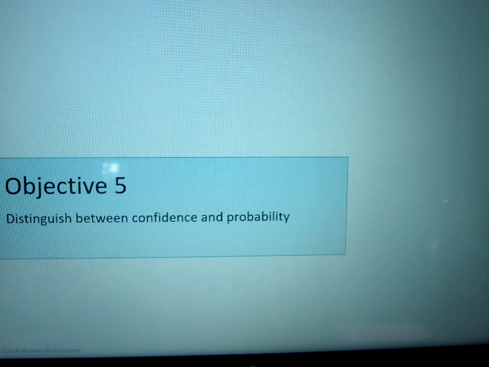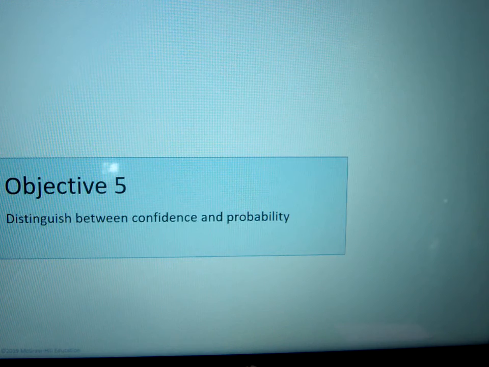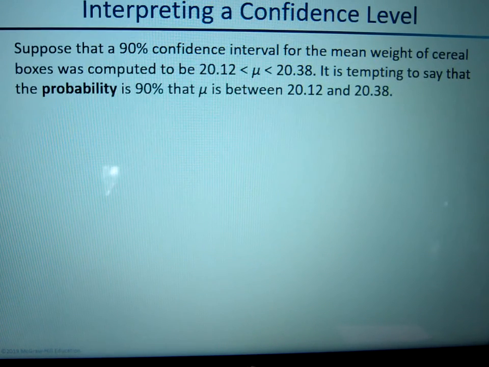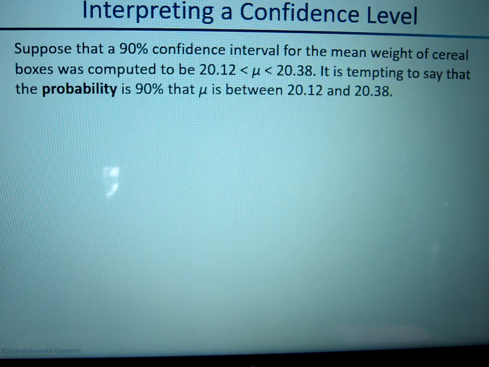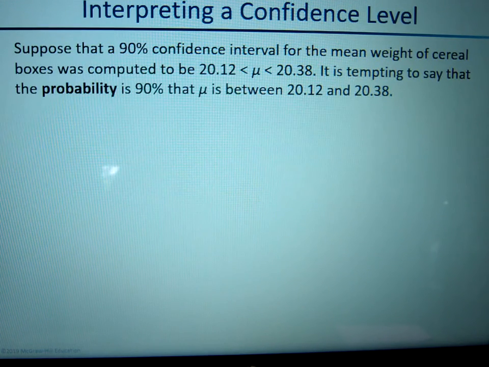Now let's distinguish between confidence and probability. Suppose that a 90% confidence interval for the mean weight of cereal boxes was computed to be 20.12 to 20.38. It is tempting to say that the probability is 90% that mu is between 20.12 and 20.38.